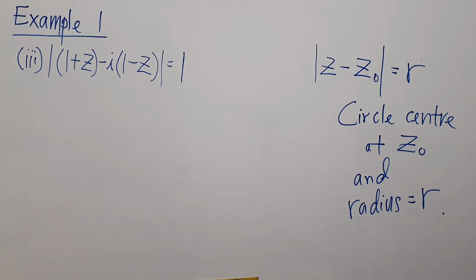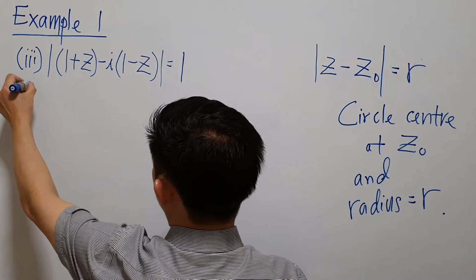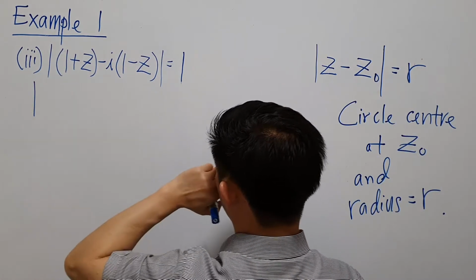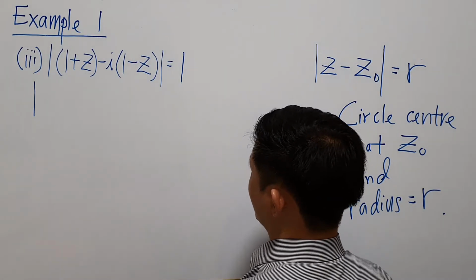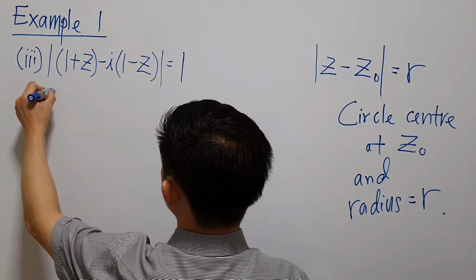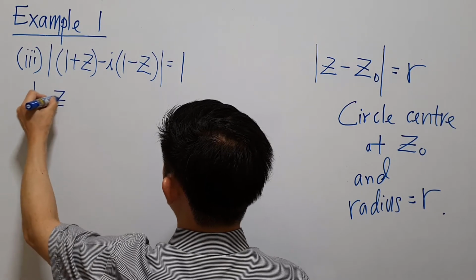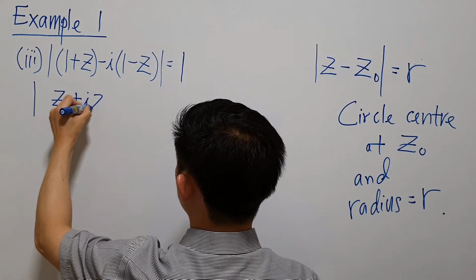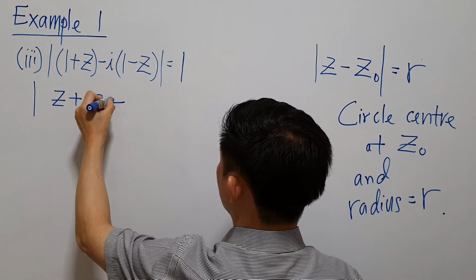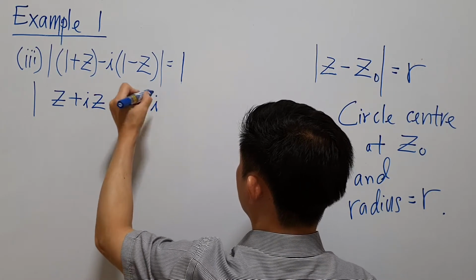How do we tidy up this expression here? On the left hand side, I'm going to rewrite them as z plus iz plus 1 minus i.